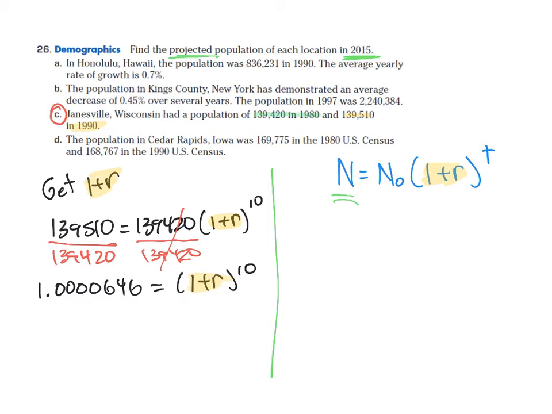So we're going to have to do the inverse operation for the 10th power. There's two ways to think of that. You can think of it as a 10th root, or you can think of it as raising this thing to the 1/10th power so that those exponents multiply to 1. So I'll write 1/10th power here. And then you can crank this out on your calculator either using the 10th root or the 1/10th exponent.